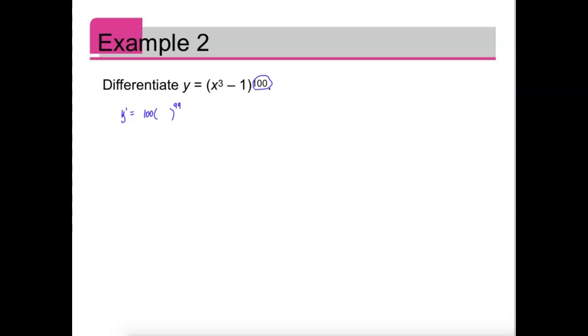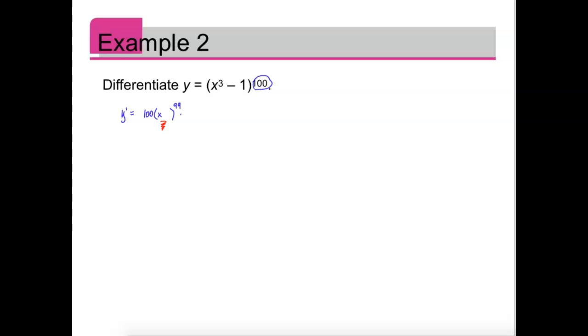What goes in those parentheses? What goes here? Yep. We keep it the same.